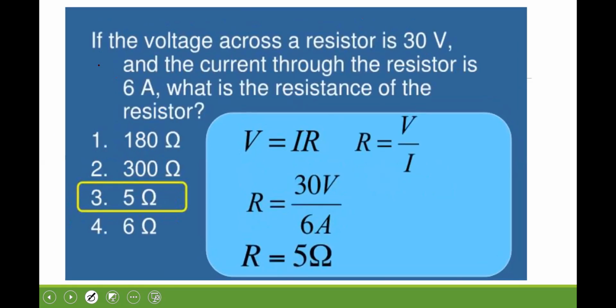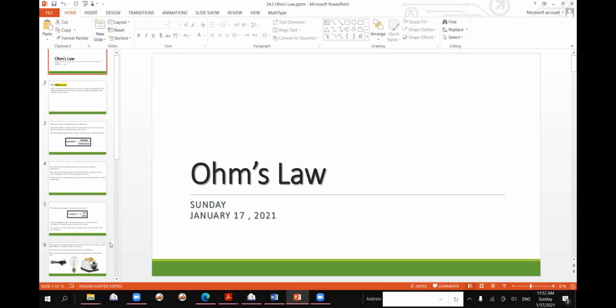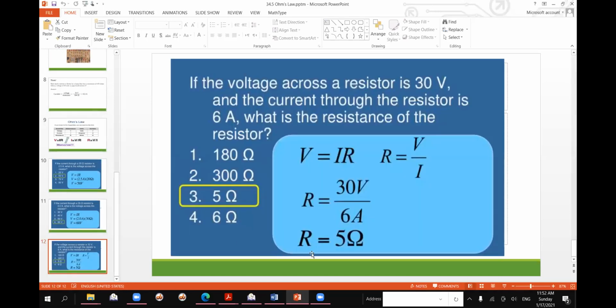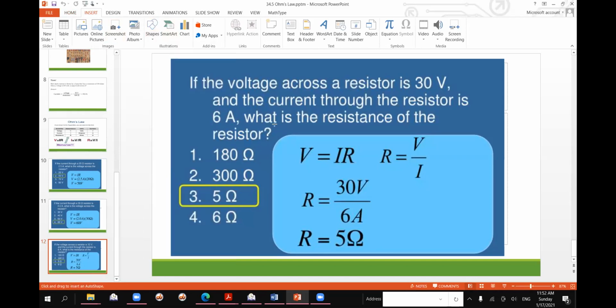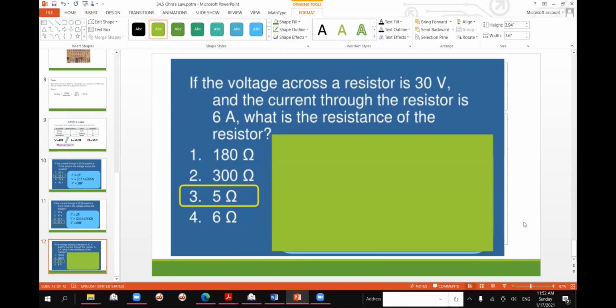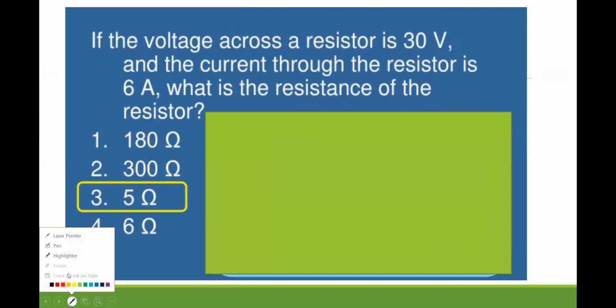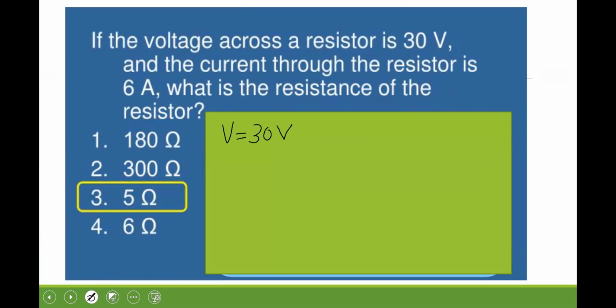The last one here. If the voltage across a resistor is 30 volts and the current is 6 ampere, I need to find the resistance.